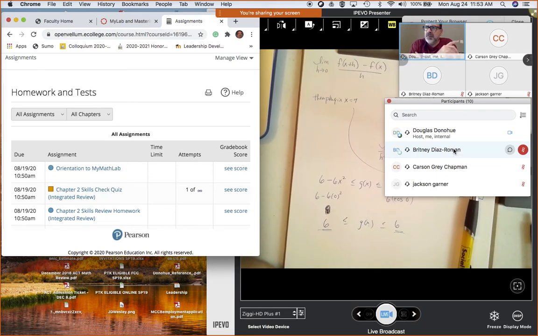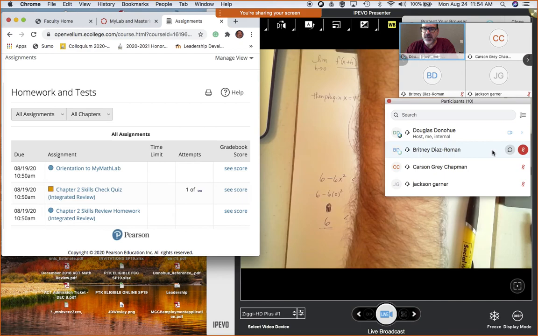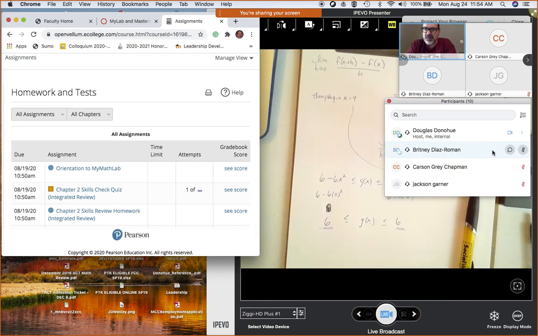You've got to either multiply by conjugates or factor and cancel, but in some way, shape, or form, you've got to simplify that problem before you plug in the 0 so that you get something other than 0 over 0. If you know it's going to be 0 over 0 because you can just see the algebra in your head, you don't have to show that it's going to be 0 over 0. You can go ahead and do the transformation of the function so that it doesn't end up being 0 over 0. Okay, I understand.